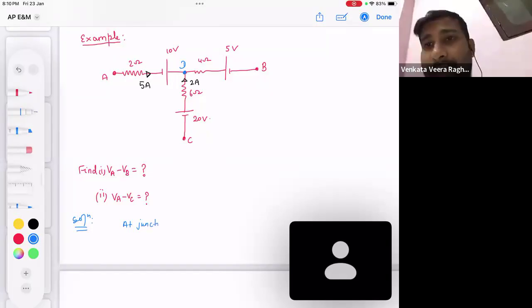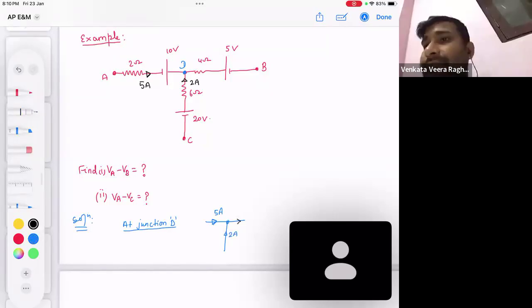At junction D, what is the incoming current? 5 ampere. What is another incoming current? 2 ampere. So can you tell me what will be the outgoing current at junction D? 5 ampere coming, 2 ampere coming, so total 7 ampere is coming.